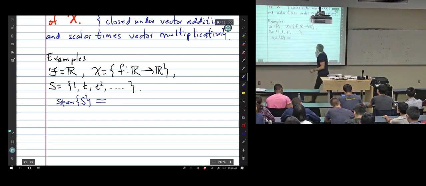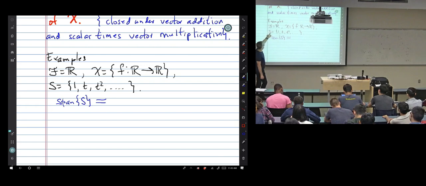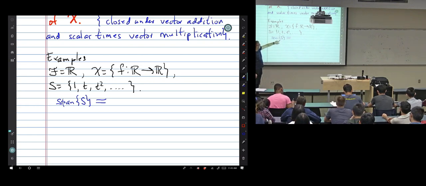What do I get when I take the span of the set of monomials? I get all possible polynomials in t. They're finite. Okay?